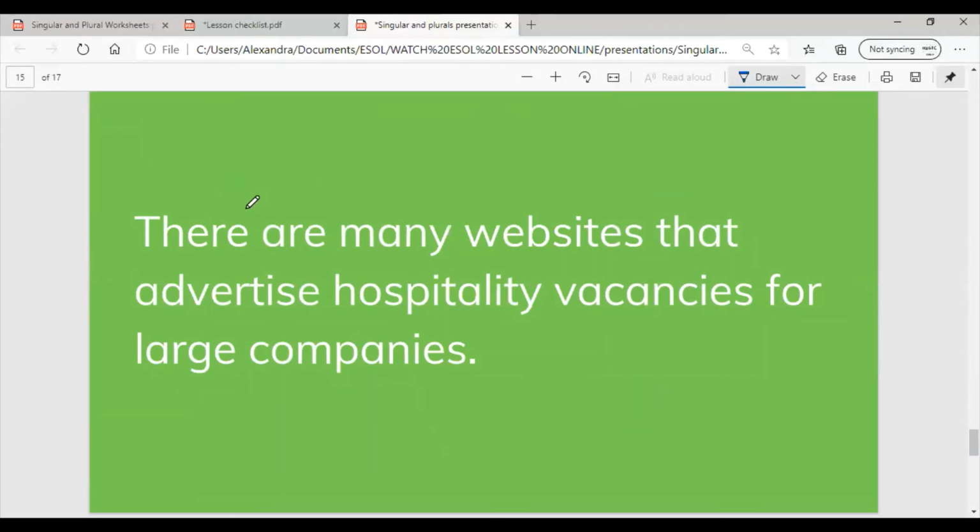So what are our nouns? We've got there are many websites. Now website is a thing, so that's a noun. That advertise hospitality. Hospitality, that's a thing, that's a sector, a job sector. Vacancies, yeah, that's like a job advert, that's a noun for large companies. And companies is our last noun in the sentence.